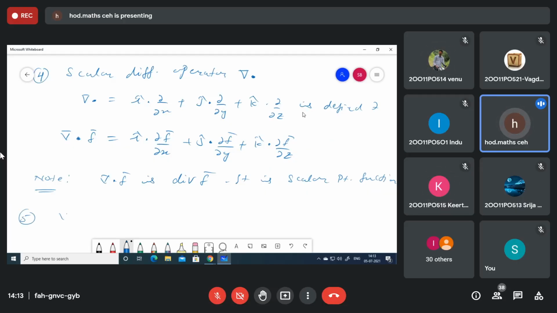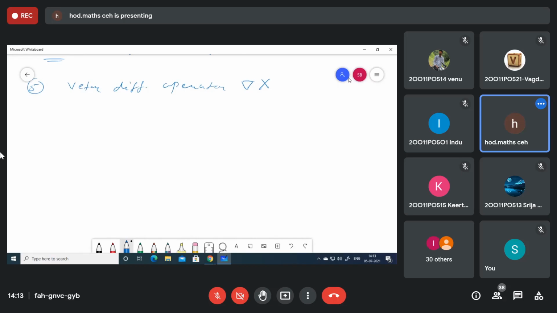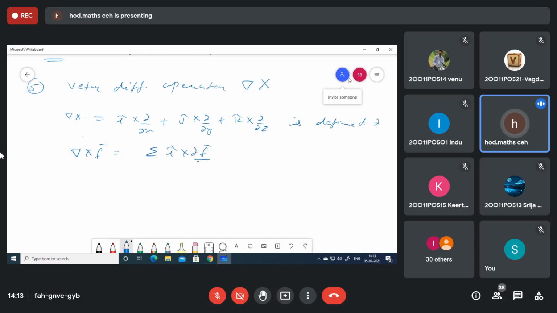Similarly, I will have a vector differential operator again, which I will define as del cross. Okay, so this del cross is defined as i cross dou by dou x plus j cross dou by dou y plus k cross dou by dou z, and is defined such that del cross f bar in the summation form I get i cross dou f bar by dou x.